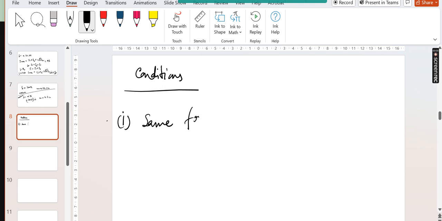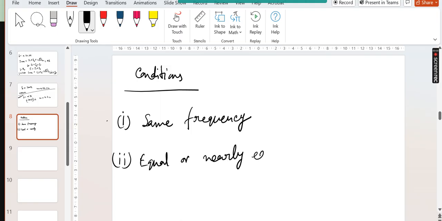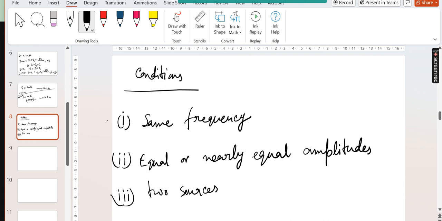The waves need to have the same frequency, equal or nearly equal amplitudes, and the two sources need to be in phase.